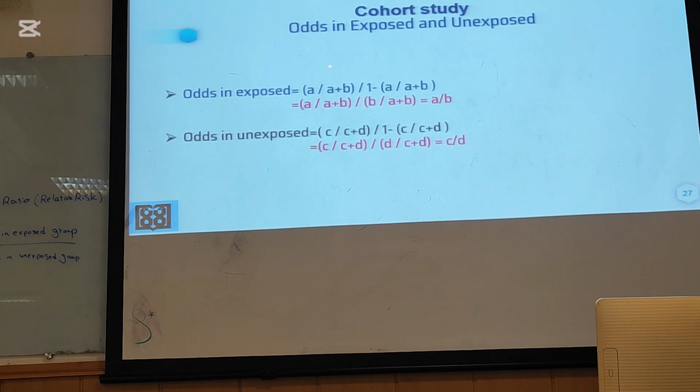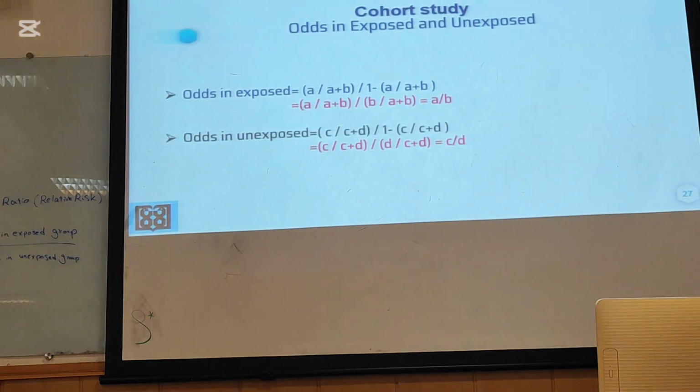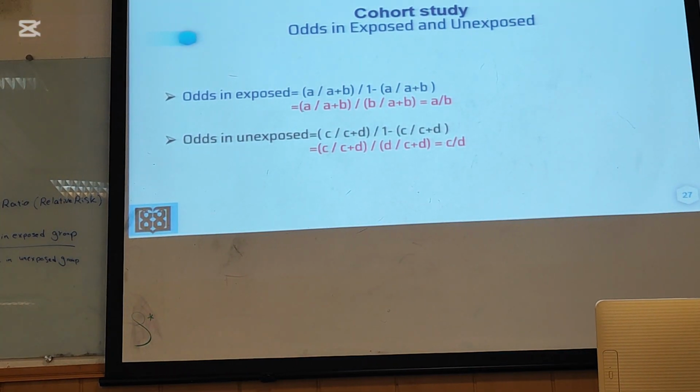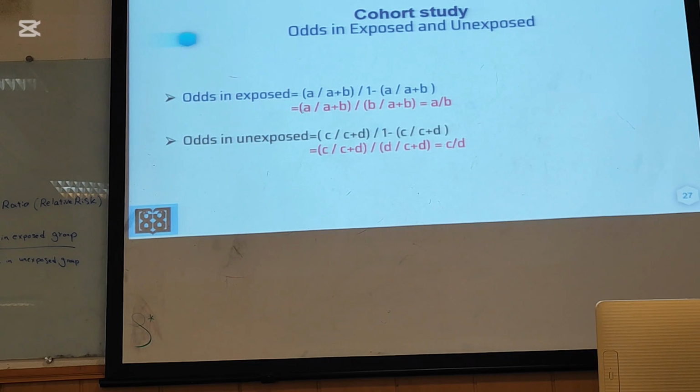And for calculation of odds ratio in a cohort study, you should calculate odds in the exposed group and odds in the unexposed group. Odds in the exposed group in a standard 2x2 table means A divided by B, and odds in the unexposed group, C divided by D. Okay?